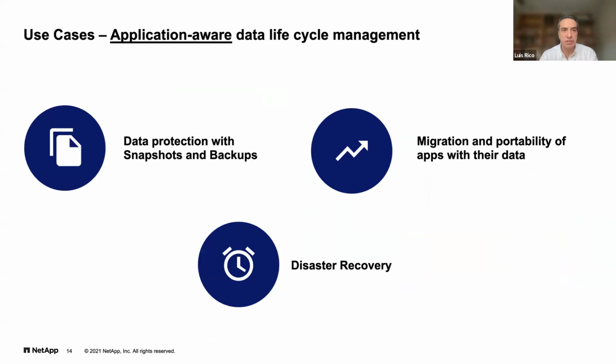Astra Control is the second part of the Astra portfolio, a solution to provide data protection with snapshots, clones, backups, restores, disaster recovery using storage replication, and migration and portability of applications with all the data from one cluster to another cluster, from on-premise to the public cloud, between different hyperscalers. So it's a hybrid multi-cloud data management solution in this sense.